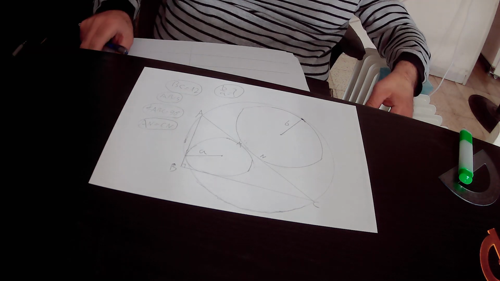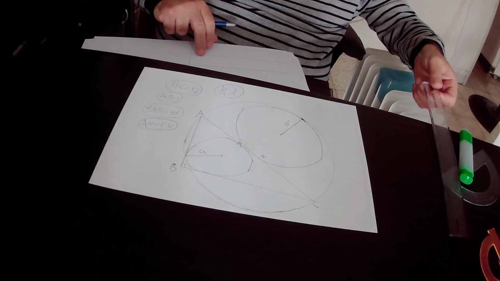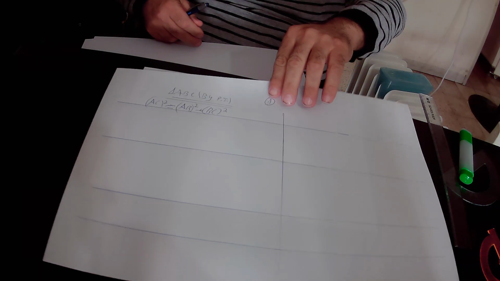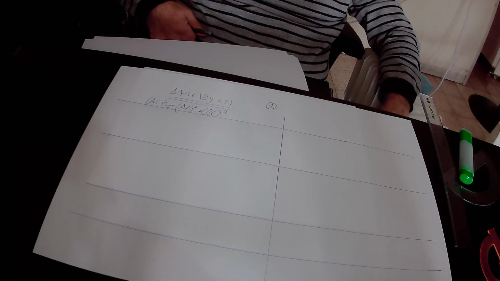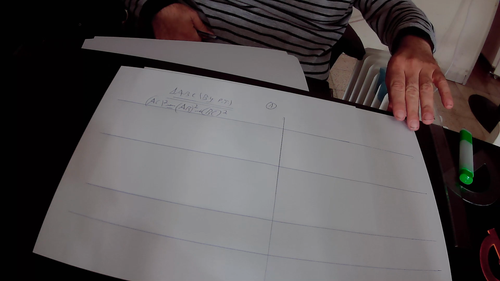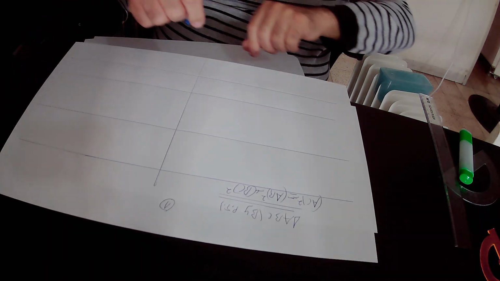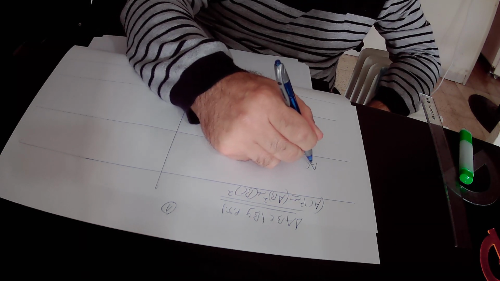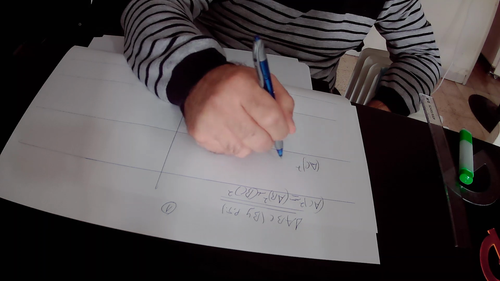Repeat again. According to the Pythagoras theorem, the right triangle ABC, AC square equals AB square plus BC square. So AC square equals AB square.